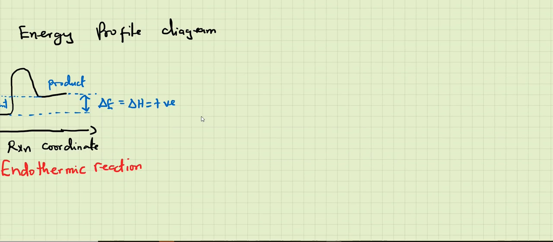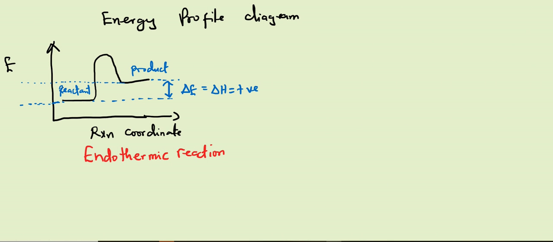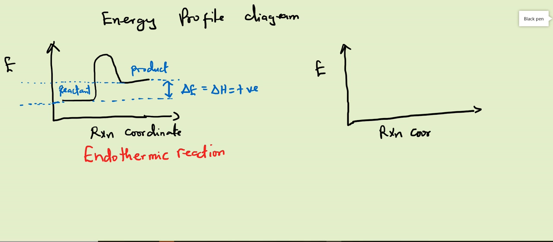Okay, the next one is the exothermic reaction. So if we have energy again and reaction coordinates, and something that looks like this, again we have reactants, and then we have products.